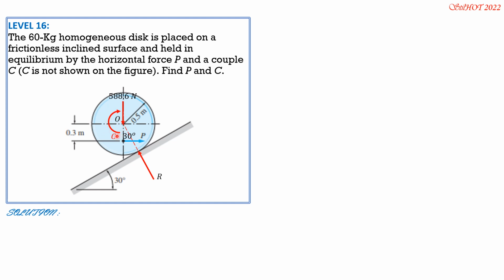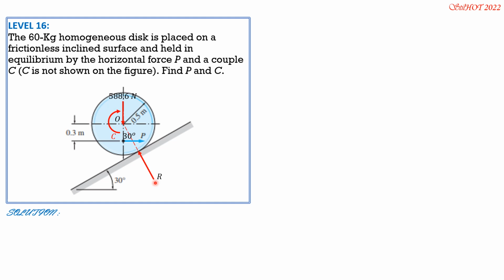So only the couple and P will have moment about O. That's our objective later. Since the moment of horizontal force P is counterclockwise, that's why the couple should be clockwise to counter the moment of P. First, to solve for P, we need to know R first.